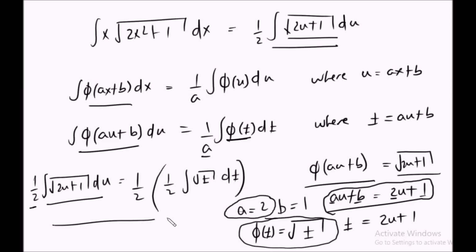So we have reached here, let us continue. Where t is equal to 2u plus 1. And don't forget that u at the beginning we said is x squared. So let me start a fresh page. We have 1 over 2 now.